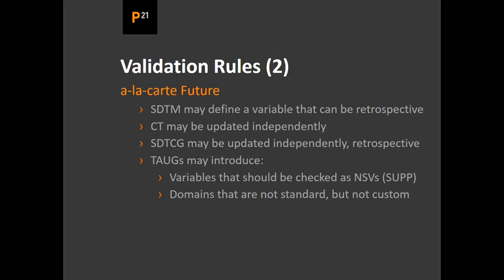So how the validation is going to have to evolve so that you don't get any issues around use of provisional components of TAGs in an appropriate way. Domains that are not standard, but they're not custom, again, it's that middle ground.